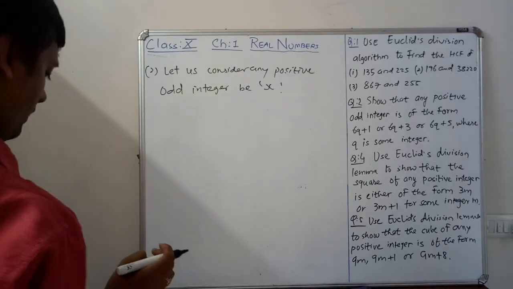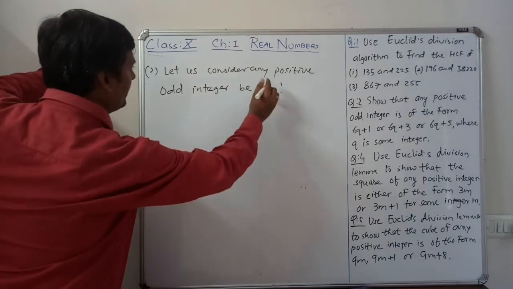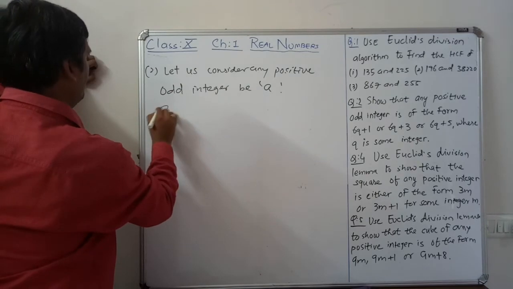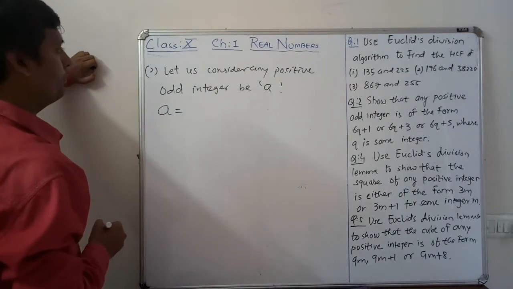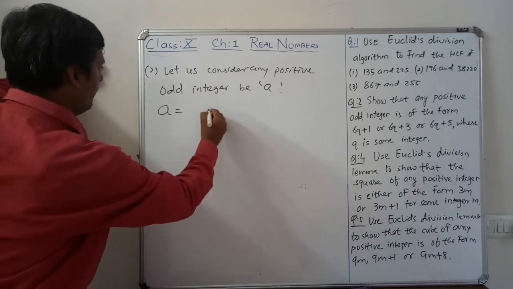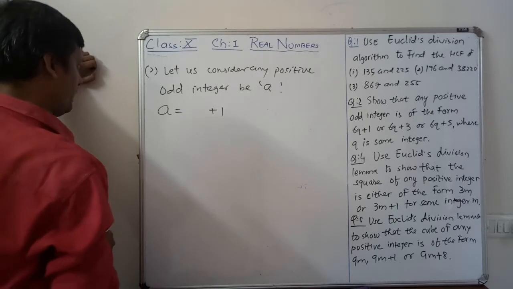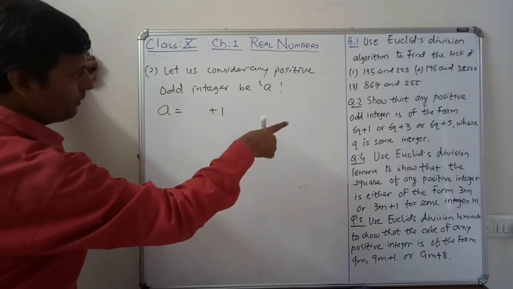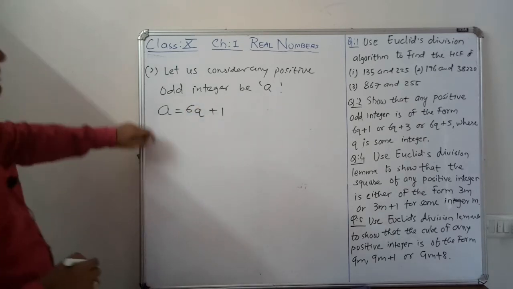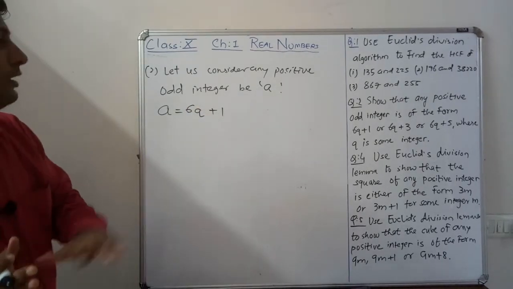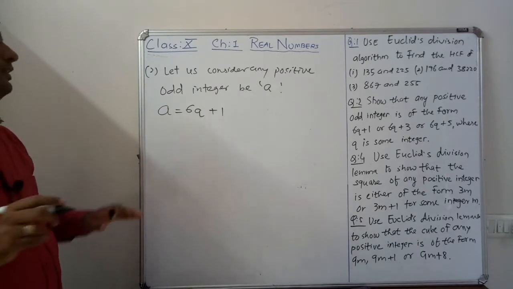It is an odd integer. Let us call it not x but a. What is the lemma? a equals bq plus r, but odd means remainder 1, right? So here a is a number in the form of 6q plus 1. So a becomes the dividend and 6 is the divisor, okay?